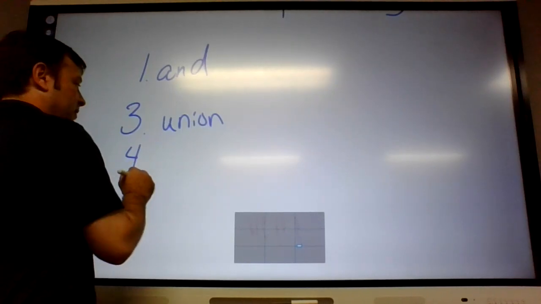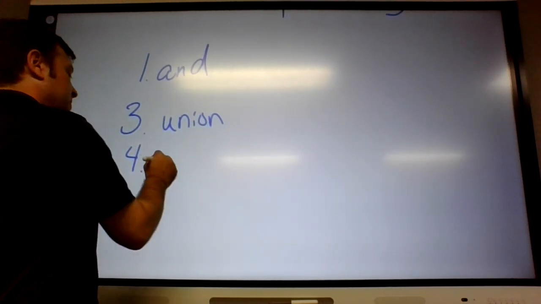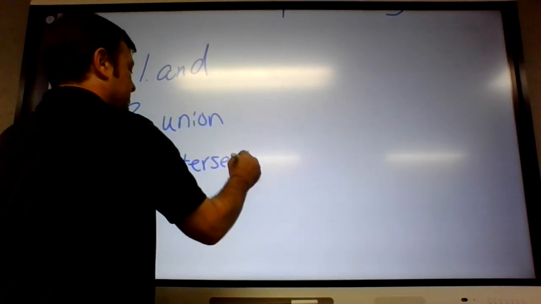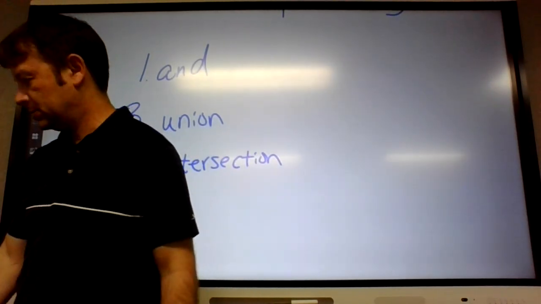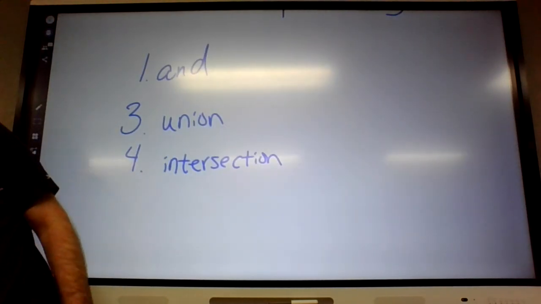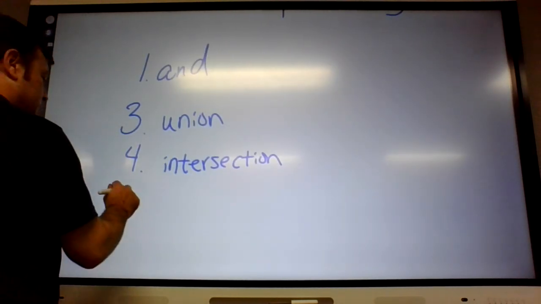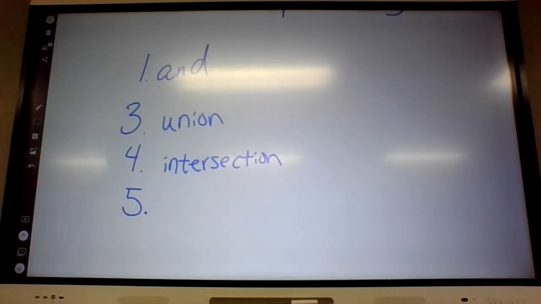And on 4, the solution to a conjunction, that's called the intersection. I don't really care about those 2, but that's okay. We'll just write them down and move on. Maybe you'll see them again someday in your life, but not in this class.